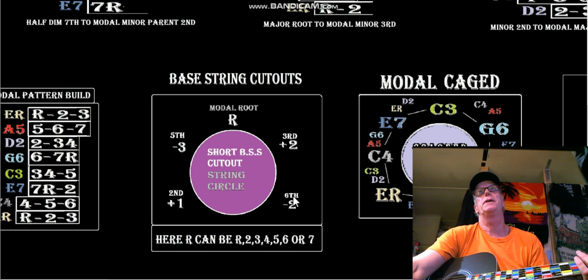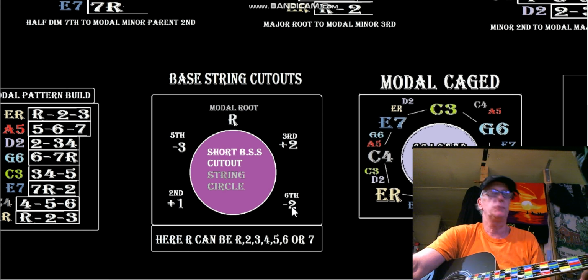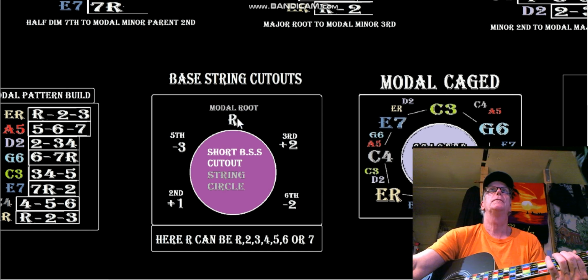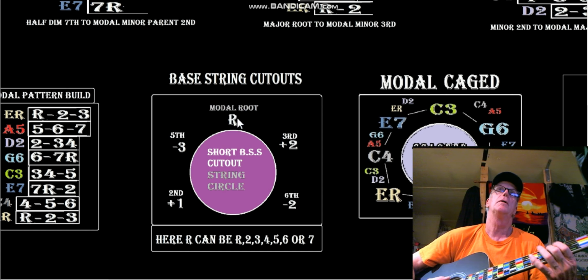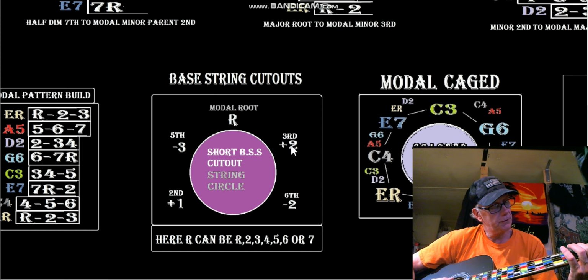Same thing. The sixth is on the next string up, root minus 2. So here's a problem there, because we didn't do the cutout. So we have to do the cutout. So it's root, but here's the cutout. So the third is plus 2, which goes to the fifth.